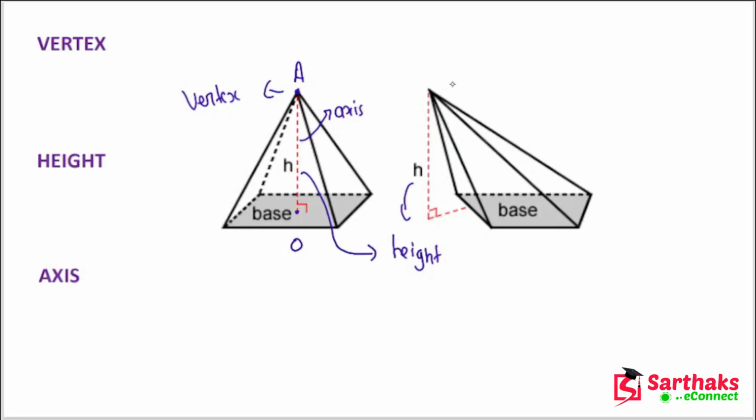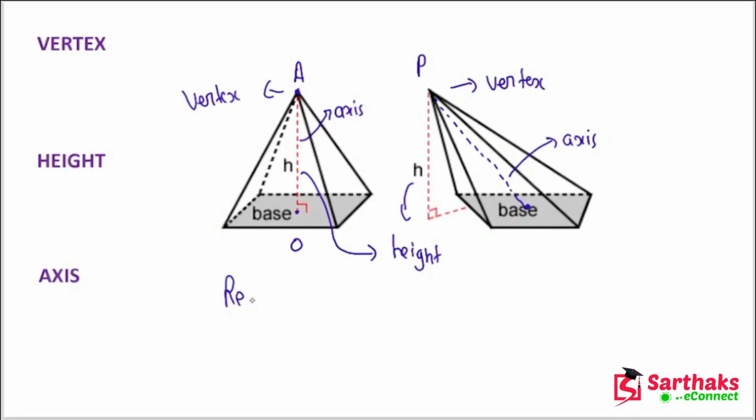Now this particular corner point would be the vertex, let it be P. Now if I try to join this P with the central point on the base, then this particular line would be axis. So you can clearly see axis is perpendicular in the case of right pyramid, and in the case of this oblique pyramid, the axis is inclined. Height is obviously a perpendicular drawn from the vertex to the base. So these were the vertex, height and axis for both right and oblique.